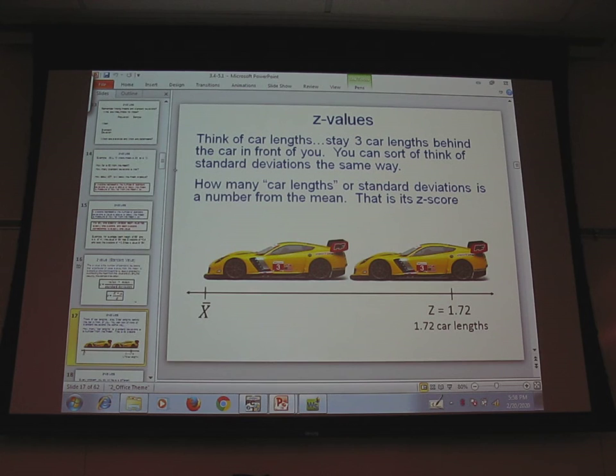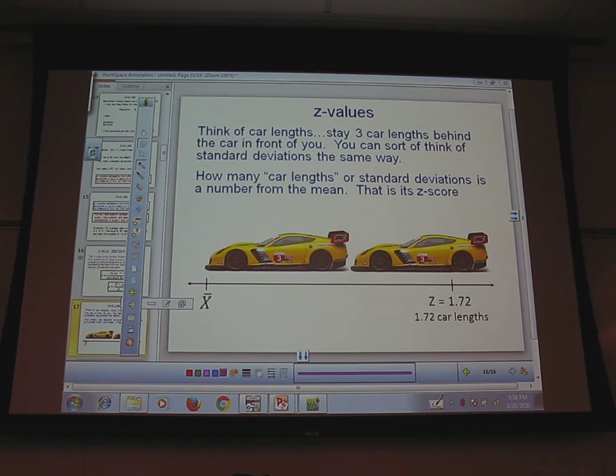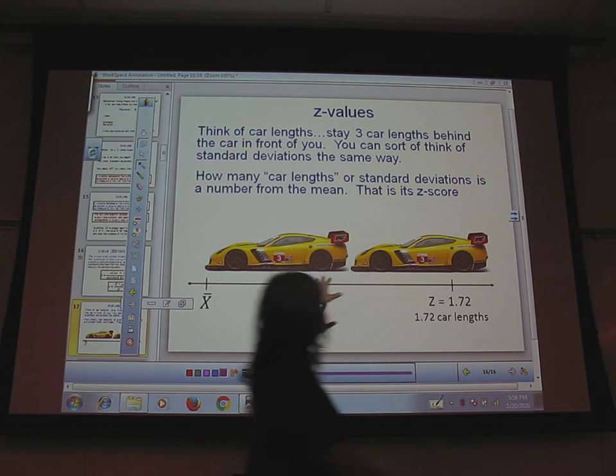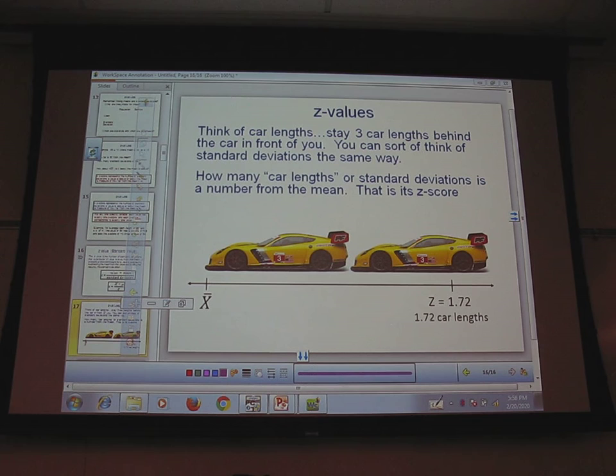I think a lot of people have trouble visualizing it because they have a hard time wrapping their head around a standard deviation. So sometimes it's helpful to think of standard deviations as car lengths, because we all are familiar with that. You've all heard you're supposed to stay 3 car lengths behind the car in front of you. And when you're younger, at least, you kind of time out how many car lengths you are from the car in front of you.